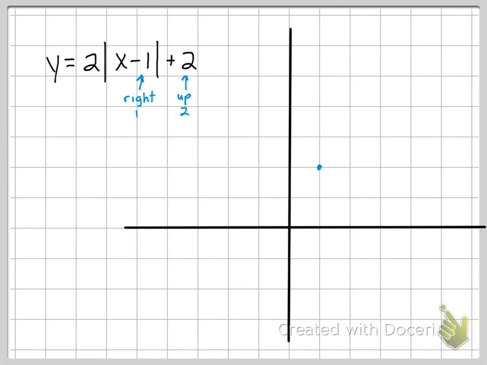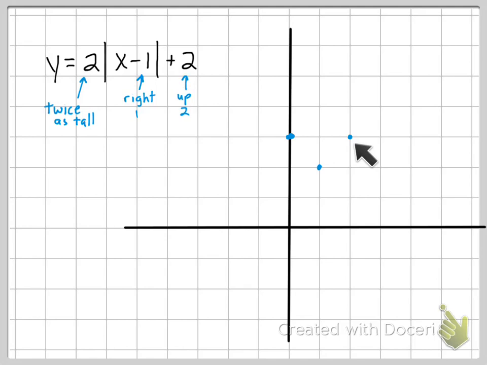Now, the parent function would just have me going over 1 and up 1, over 1 and up 1. So I would have these 2 points here. Would also have me going over 2 and up 2, over 3 and up 3. Okay, because it's just a straight line this way and a straight line this way, like a V. Okay, except I have an a value of 2, which tells me that this function has to be twice as tall as the parent function.